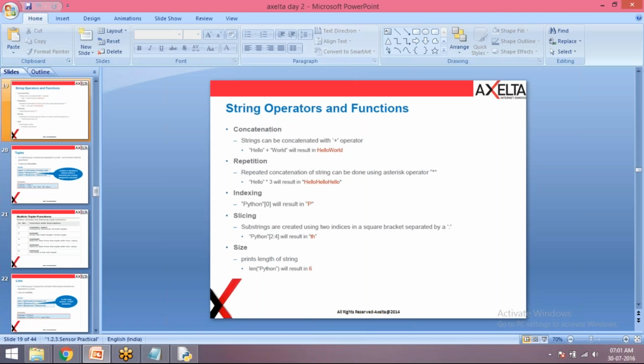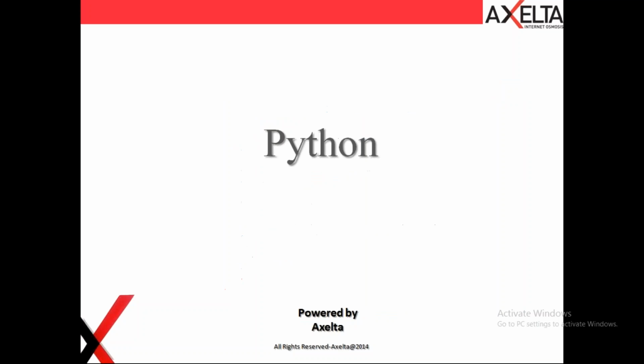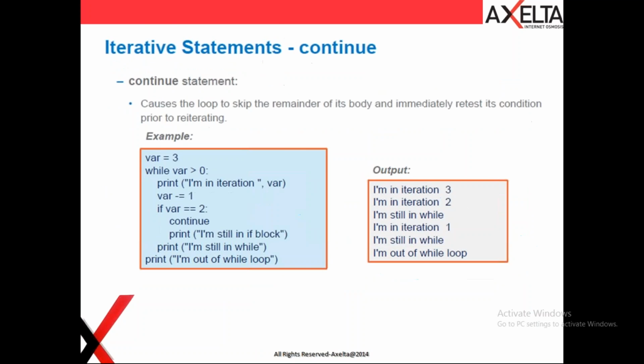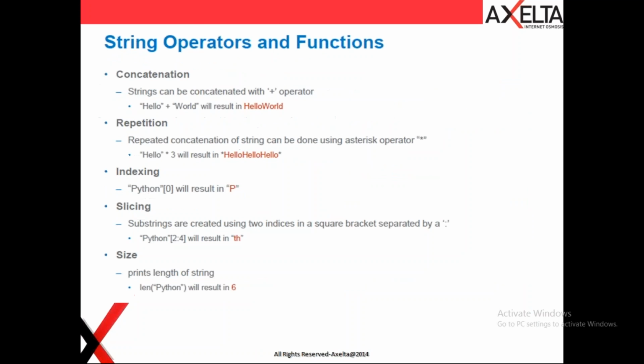Is it clear? So like that, this is how with strings you can use the indexes for accessing the individual characters from the string. Next is slicing. So slice means what?